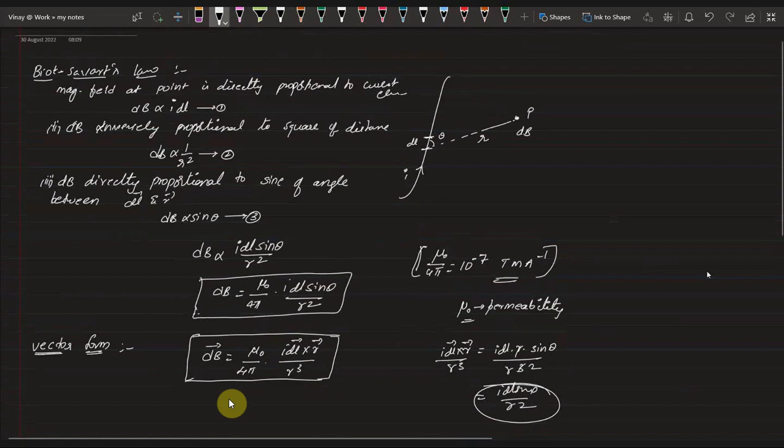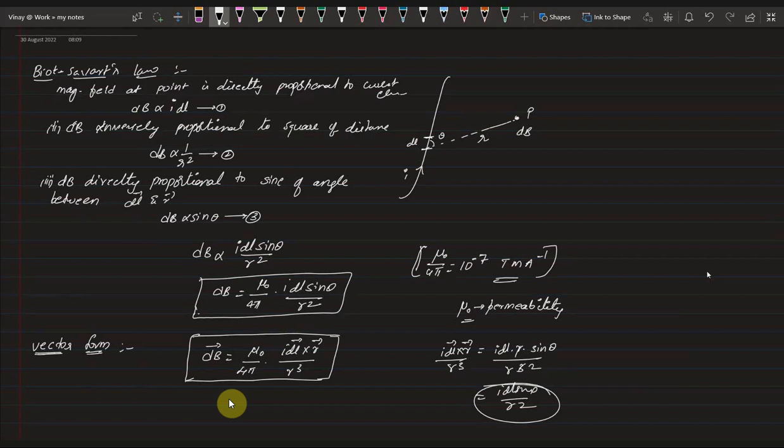If you didn't copy also, I keep it like this. You just copy. Yeah.